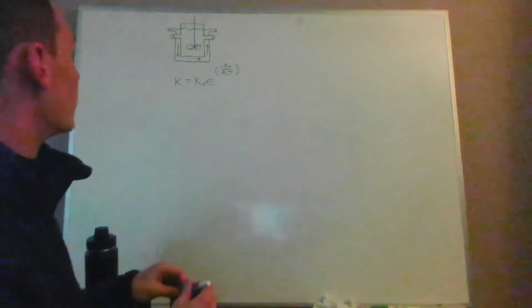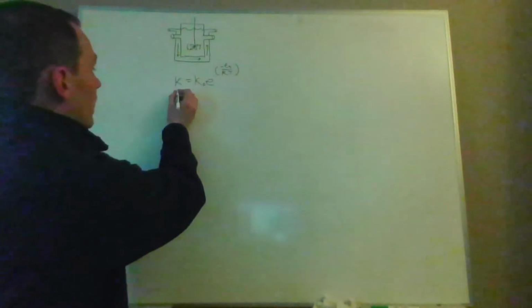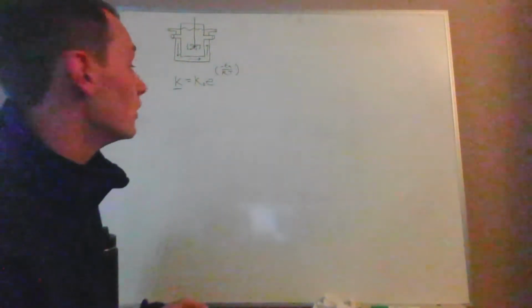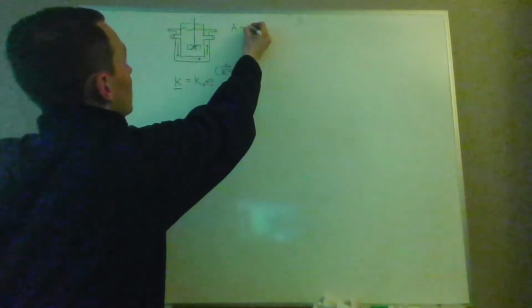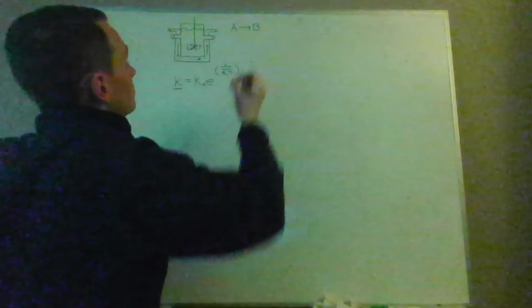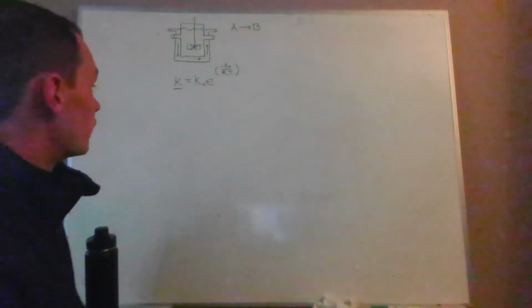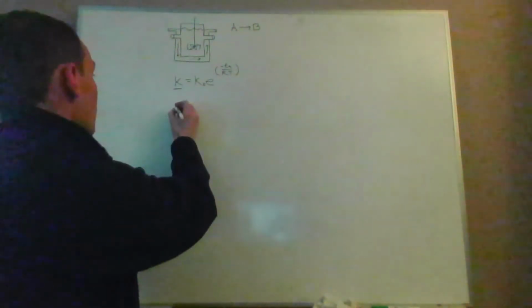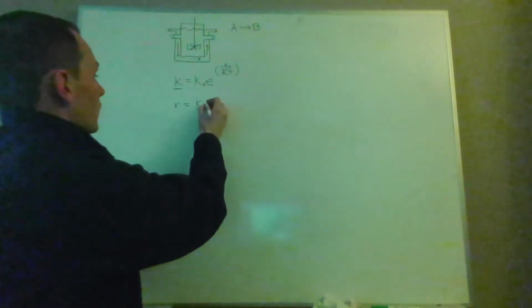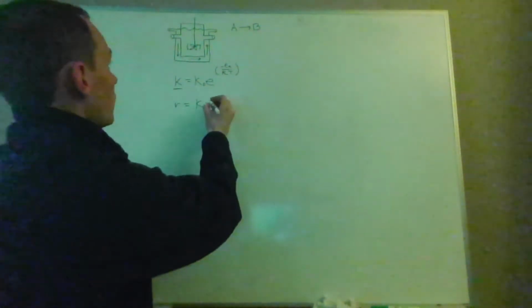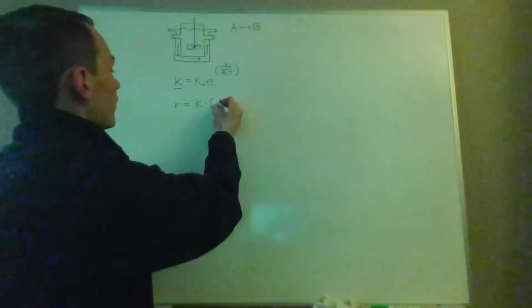And obviously, the whole Arrhenius equation is used to calculate this K, which is our rate constant, which will be important for us because we know we have a first order reaction of A to B. Okay, so we can actually write that equation as well. So we would have some rate R equal to our rate constant, and it's first order, so this is just going to be times the concentration of A.